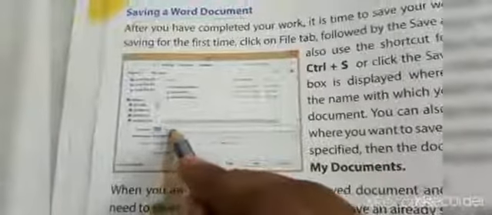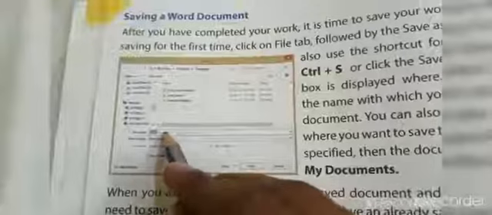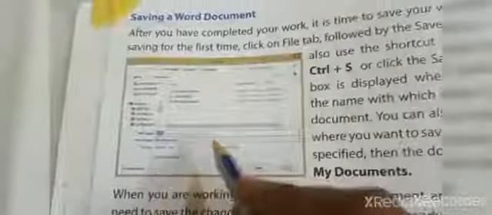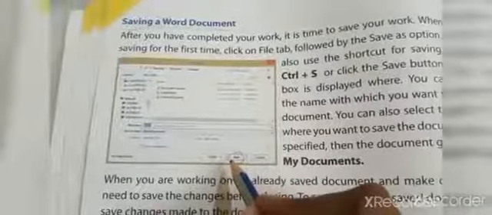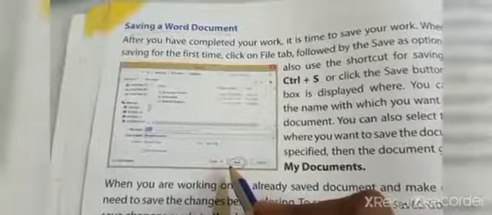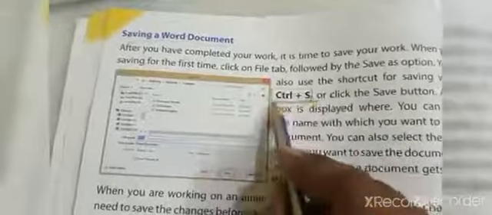So here you can name your document. After giving the name of your document, you just have to click the Save button, then the document will be saved. So for saving the document also, it has a shortcut. For that you have to use Ctrl plus S.